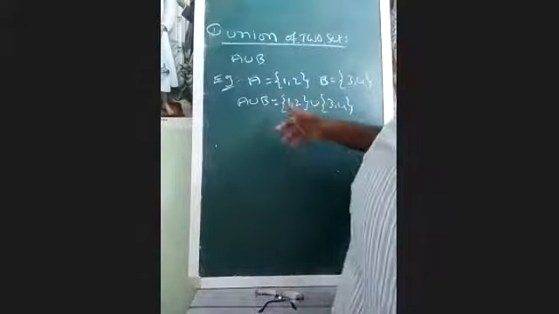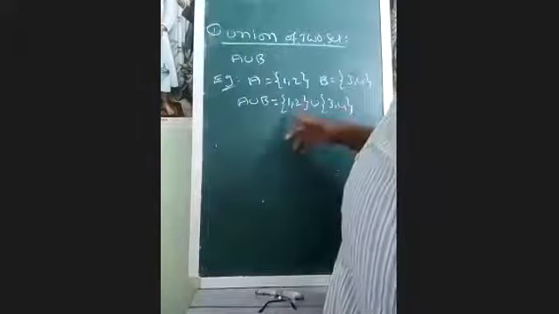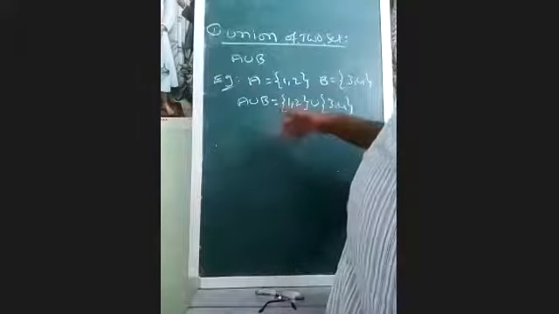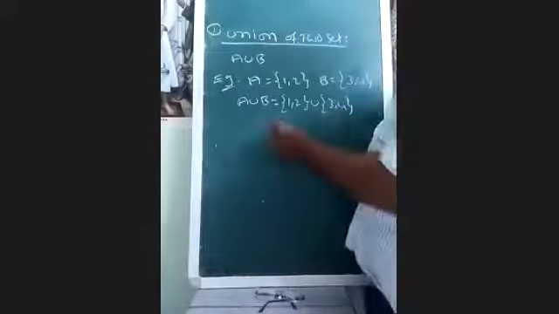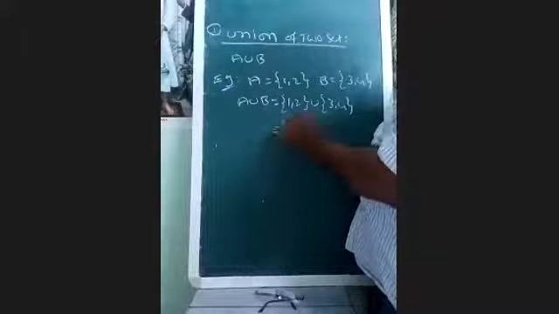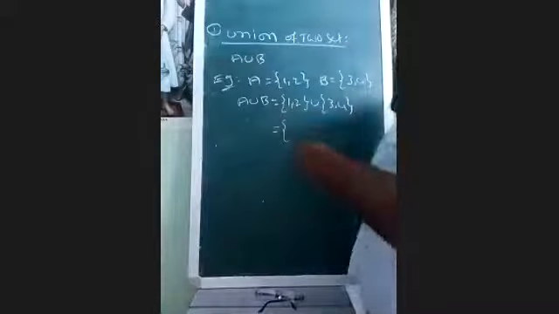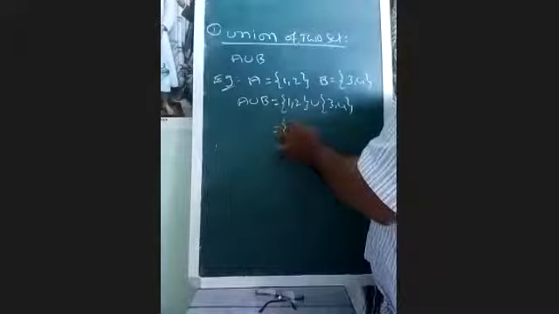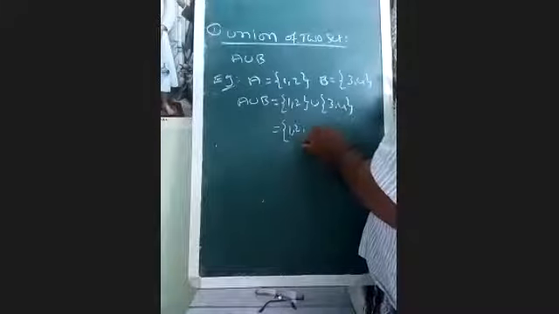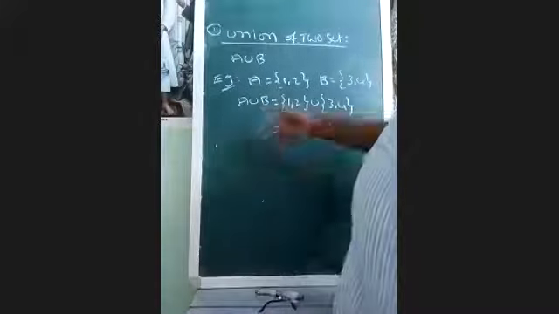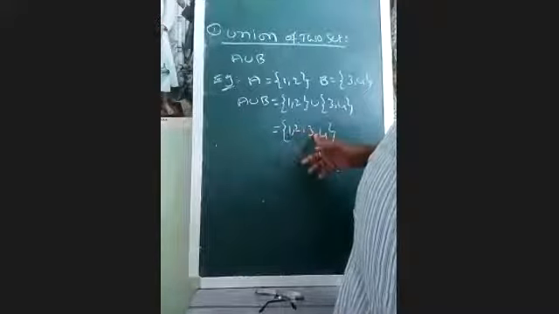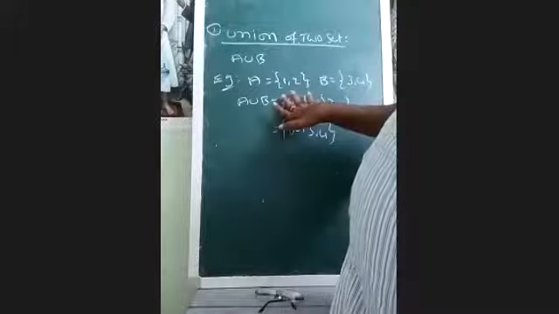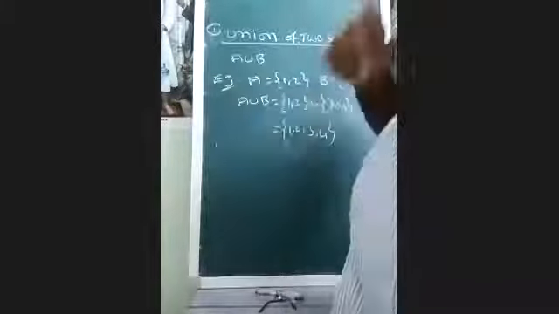I mean the set of all elements which belongs to either A or B or both. So union means you have to take all elements in a single set of 1, 2, 3, 4. A union B is equal to {1, 2, 3, 4}. Here repeated terms you have to take one time.